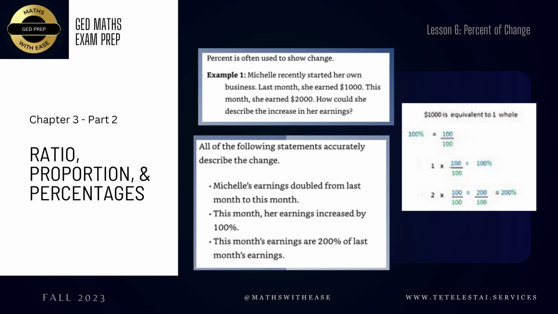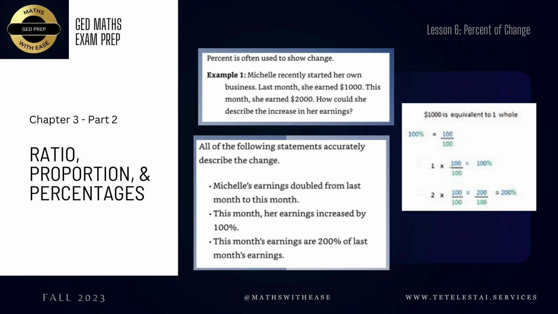If we want to find out the percentage increase of her earnings, we would simply multiply one by the percentage of increase. And in this particular case, it's 100 because her entire income increased by the same amount.